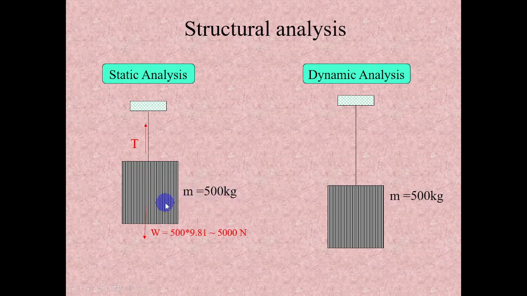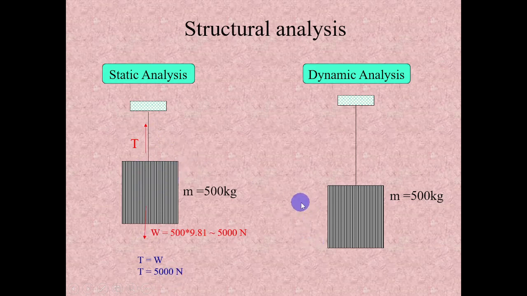If we convert the mass into weight, 500 mass times acceleration due to gravity, it is equal to 5000 Newton. So the weight of this lift is 5000 Newton, which acts downward. If we consider the equilibrium condition for this object, the tensile force T developed in this rope is equal to the weight of this object. So the T developed in this rope is equal to 5000 Newton in a static condition.